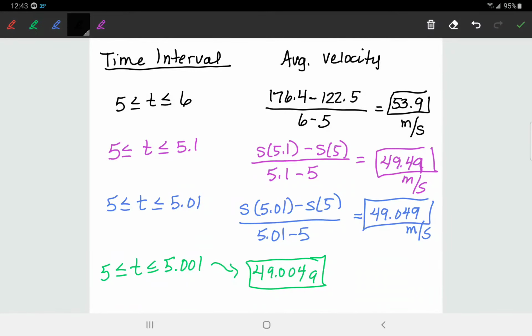What we can say then is, as t approaches 5 from the right-hand side, the average velocity is approaching 49 meters per second.